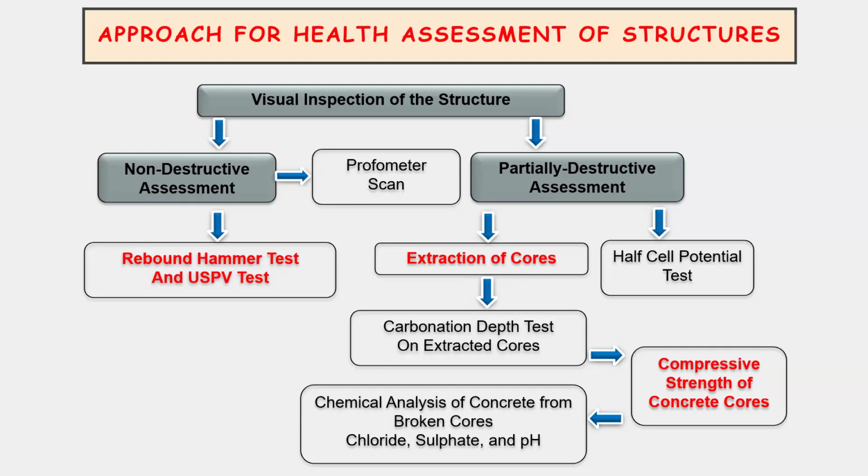Once we extract the core, we carry out the carbonation depth test on the extracted core. And then these cores are tested to find out the compressive strength of the in situ concrete. Then we carry out the chemical analysis of the concrete, which we obtain from the broken cores, to find out the chloride content, sulfate content, and pH of the pore solution. This chemical analysis is carried out in the laboratory.